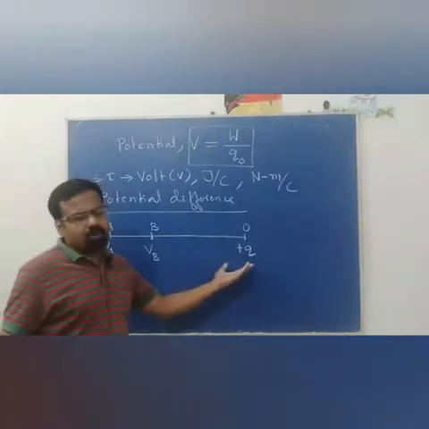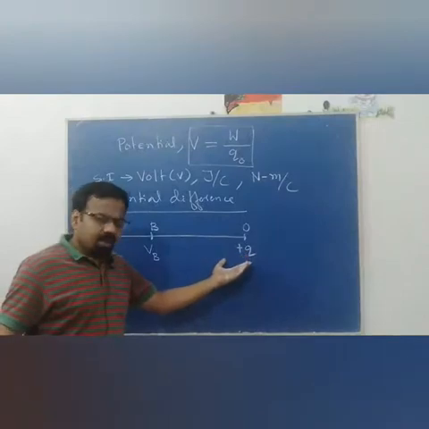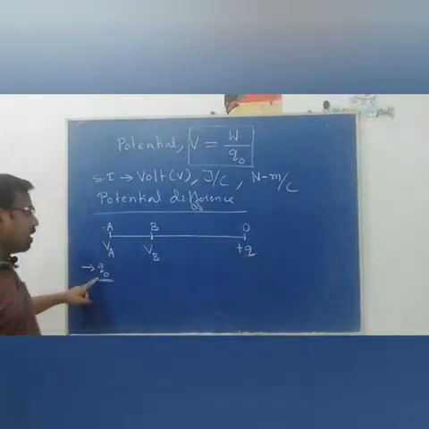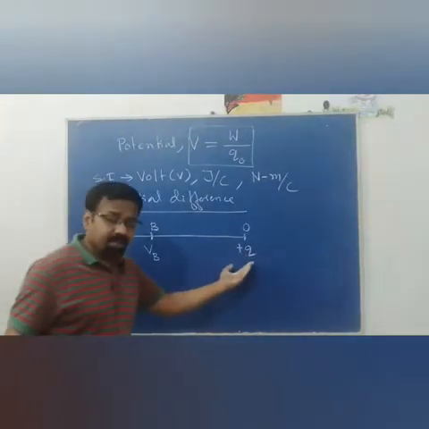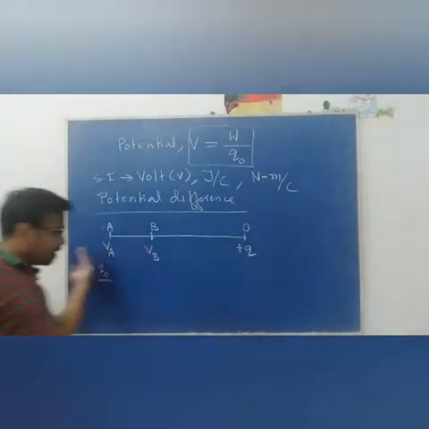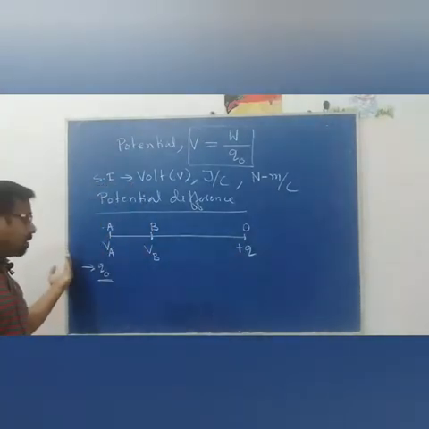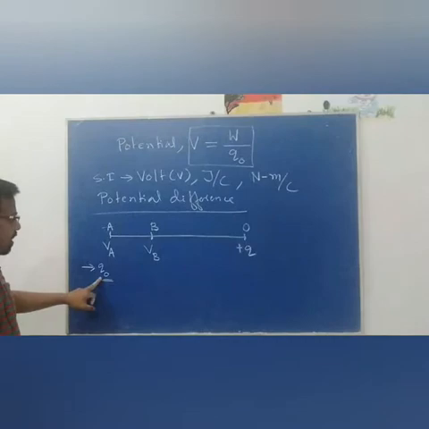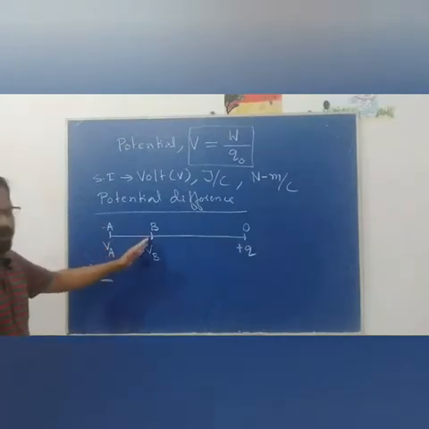So we know source charge is much greater than the test charge. So source charge exerts force towards left right now. To displace this test charge from A to B, we have to exert some external force.